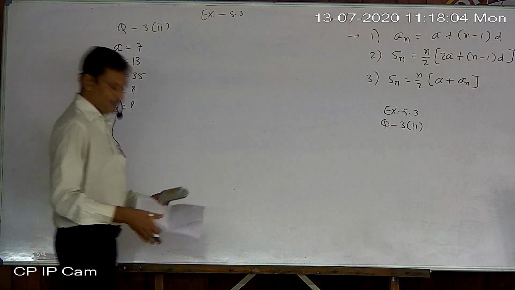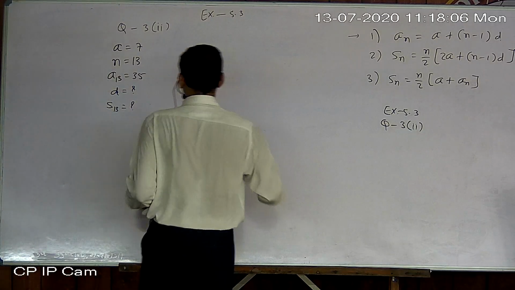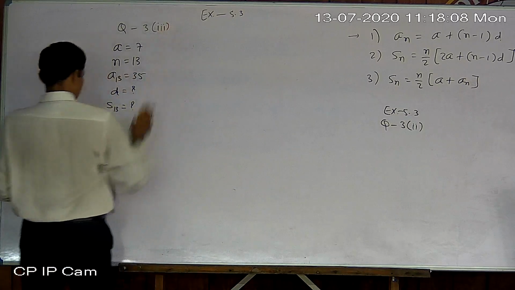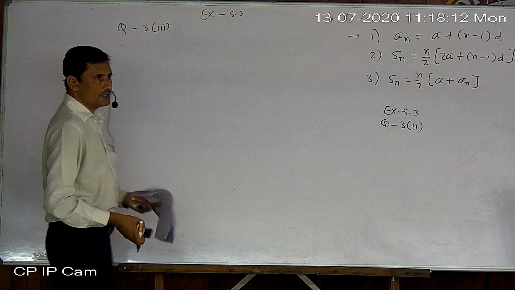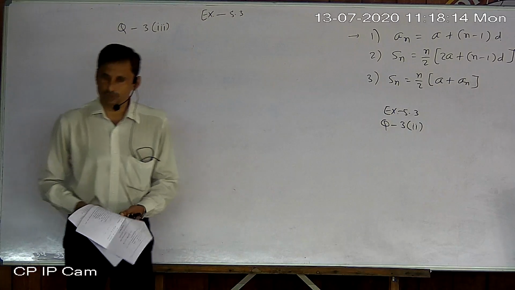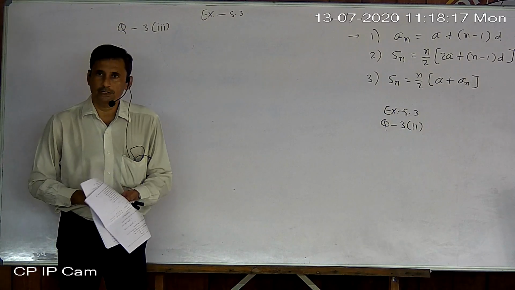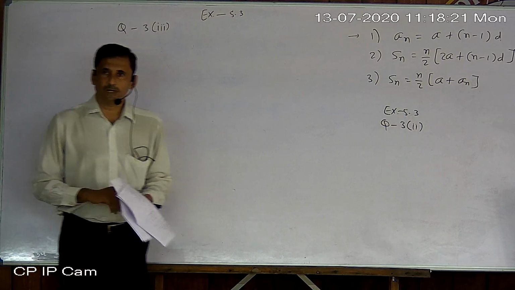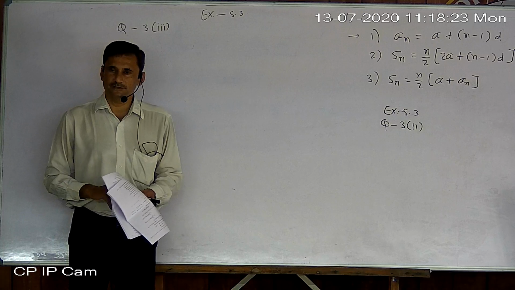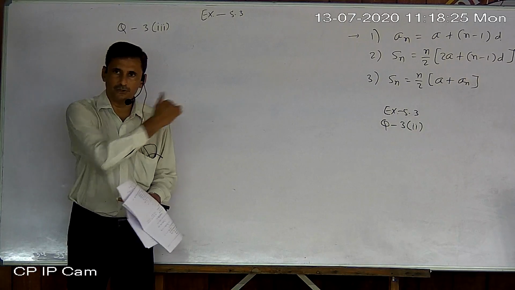Now look at question 3. You should have your textbook open at the particular page. Otherwise you cannot understand what is given, because I am not writing your question on the board.